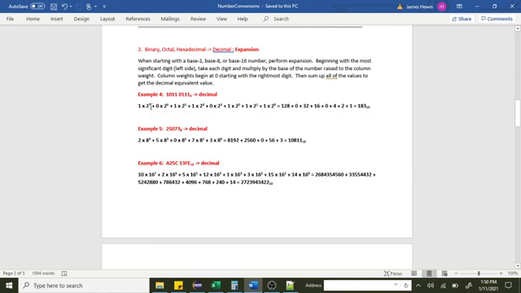So this will be 1 times 2 to the 7th, plus 0 times 2 to the 6th, plus 1 times 2 to the 5th, plus 1 times 2 to the 4th, plus 0 times 2 to the 3rd, plus 1 times 2 squared, plus 1 times 2 to the 1, plus 1 times 2 to the 0. And just remember, any number raised to the 0 power is always 1. So when I compute these intermediate values, then sum them up, I get 183 base 10.